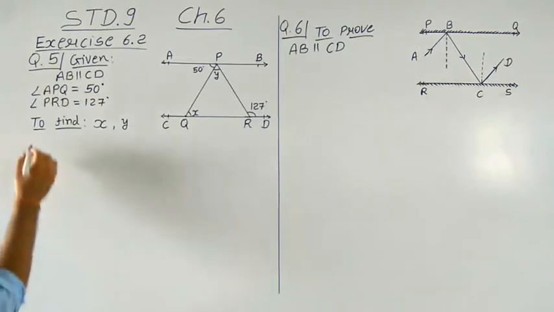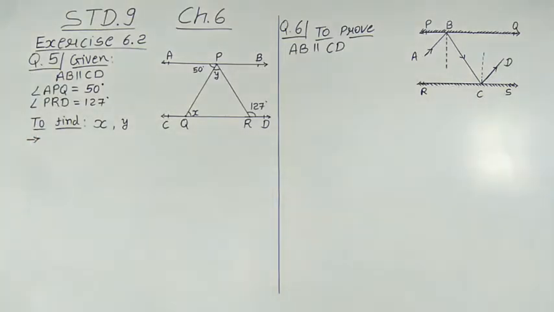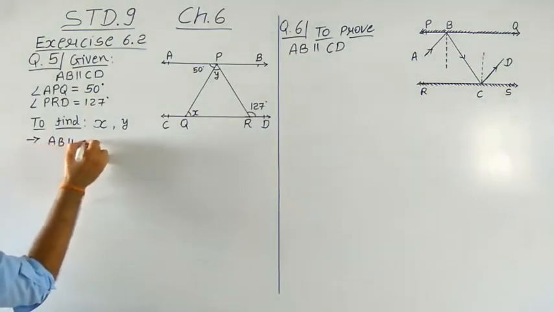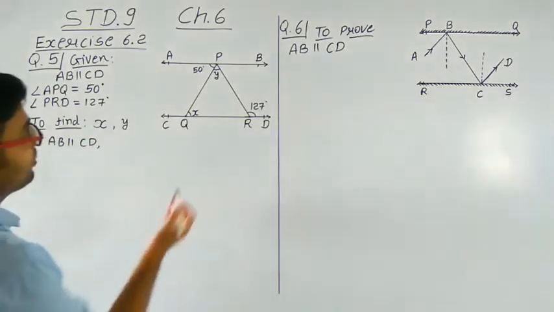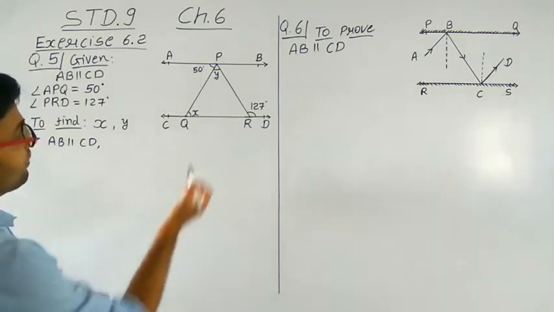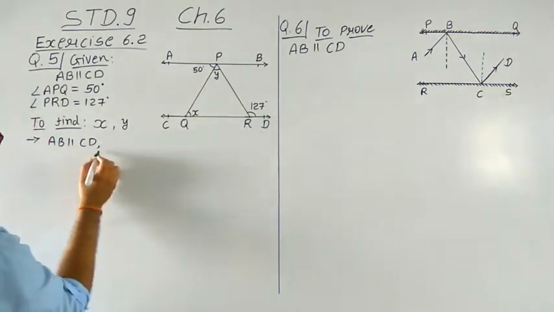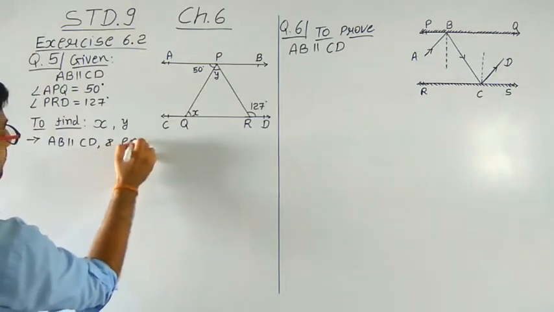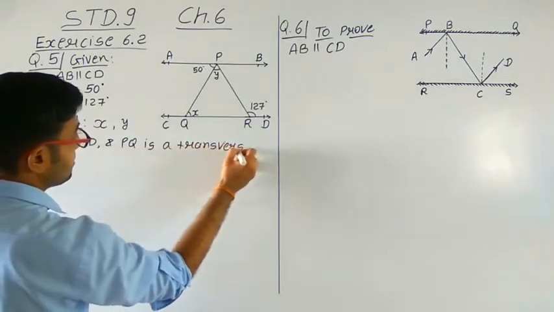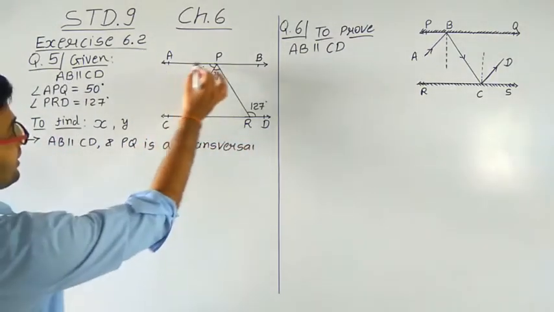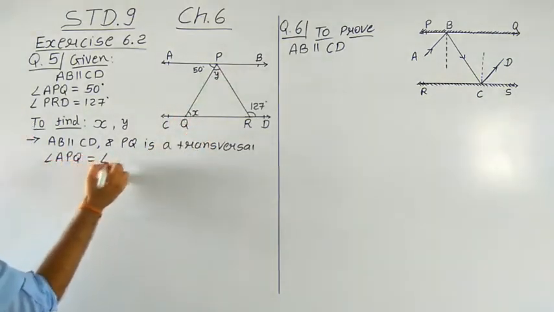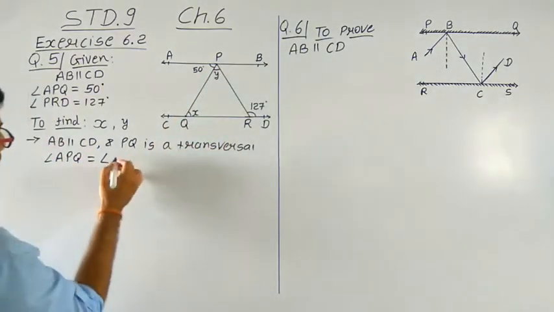So see how we can find out these values. Here we can notice that we have given that AB is parallel to CD. Now we can consider PQ as a transversal. So when we consider PQ as a transversal, AB is parallel to CD and PQ is a transversal, so we can see that angle APQ will become equal to angle PQR.